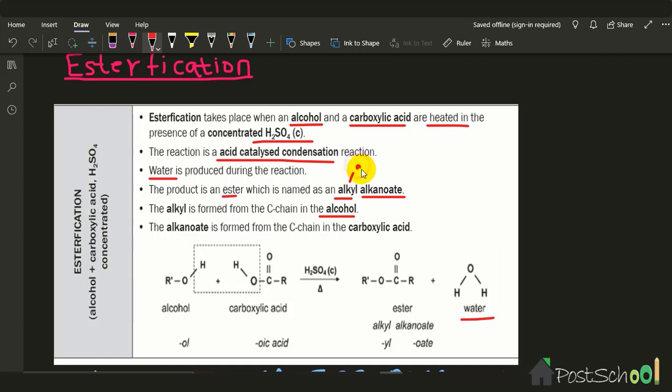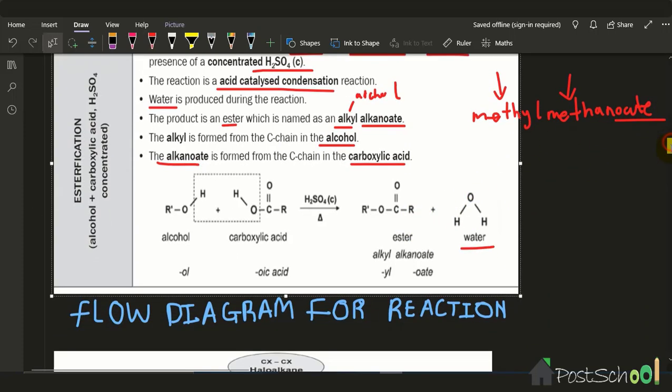So here the alcohol comes first, and then the alkanoate is formed from the carboxylic acid. So for example, methanoate: this is an ester, this is an alcohol, this is a carboxylic acid, so when combined they produce an ester.